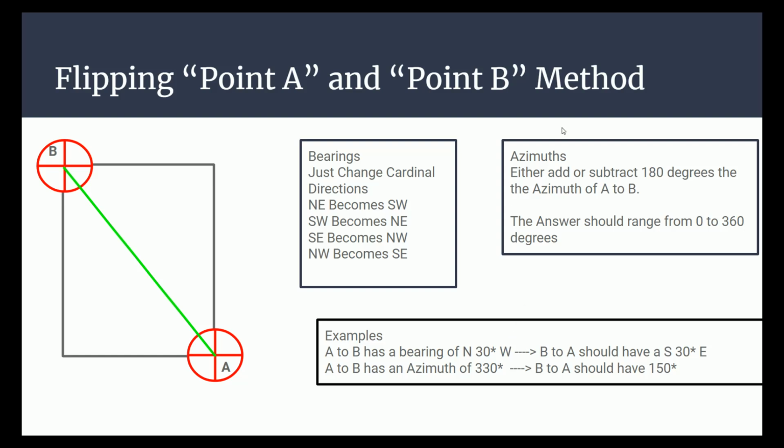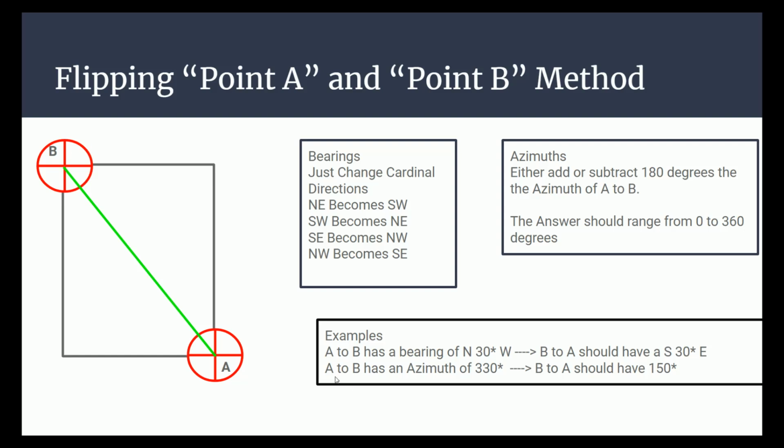Now with azimuths, this requires slightly more thought. We know all of our answers should be between 0 and 360 degrees. So we essentially have to determine whether we should add or subtract 180 degrees. It's 180 degrees because a full rotation is 360 degrees, and we're doing half of a rotation, which is 180 degrees.